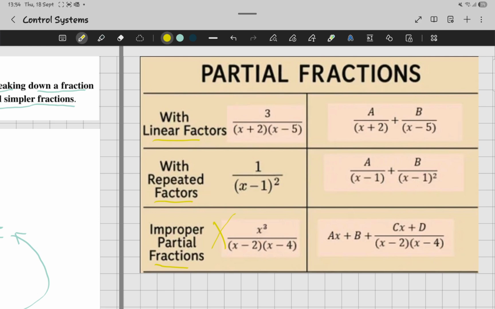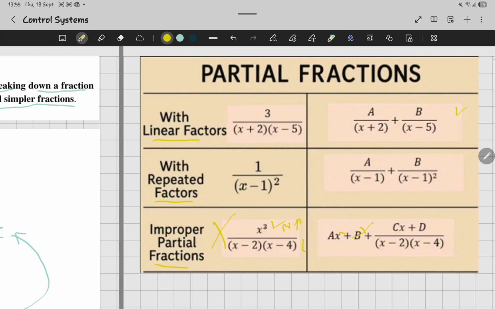It's quite complex, and the power of the numerator is very high compared to the denominator, so we're not going to be focusing on this. We're going to keep our focus on the linear factor.